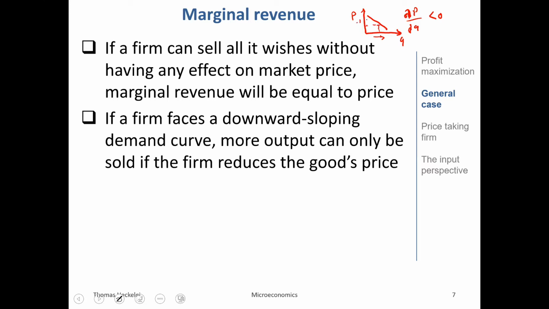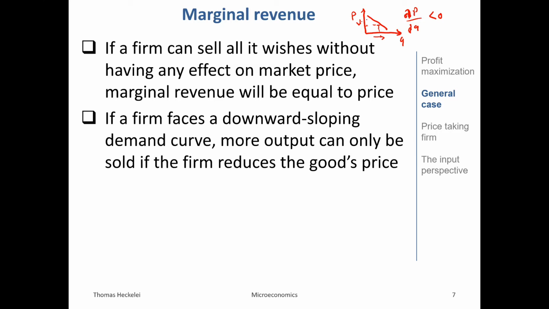So in that sense, consumers are only willing to buy more if the market price is reduced. This is what we have seen a lot in the introductory economics course, I think.